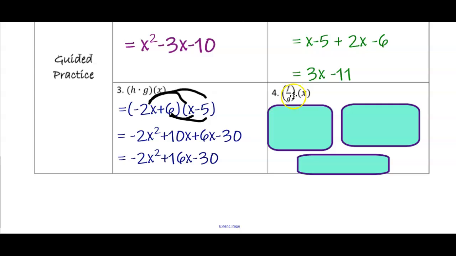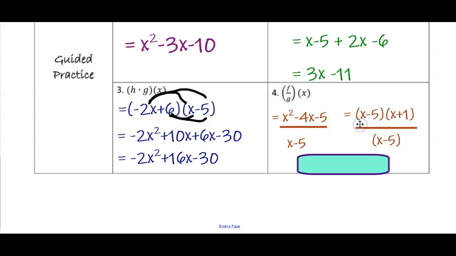The last problem is a dividing problem. So you're dividing f of x divided by g of x. So f of x was x squared minus 4x minus 5. G of x was x minus 5. Now with any rational functions, you do want to try to simplify if possible. The top does factor. So when you factor the numerator, you get x minus 5 times x plus 1, still over your denominator of x minus 5.